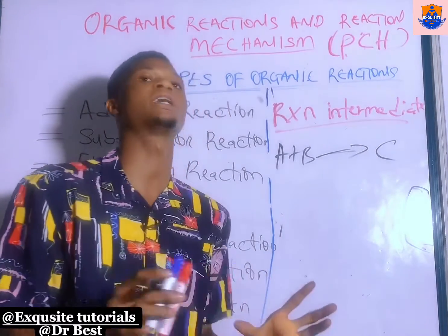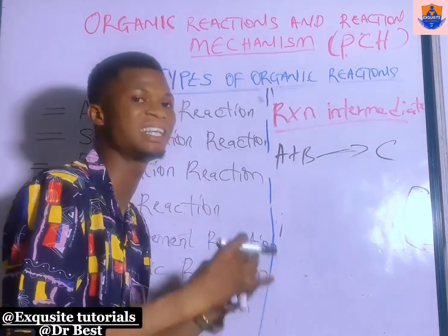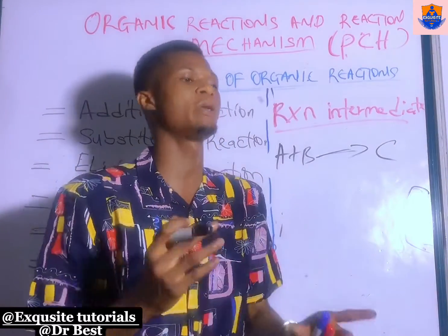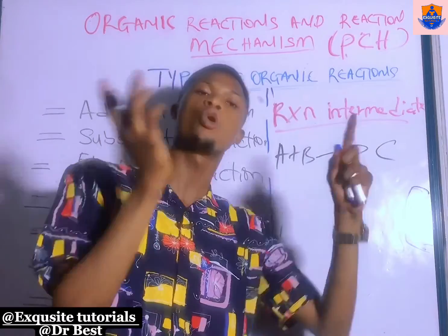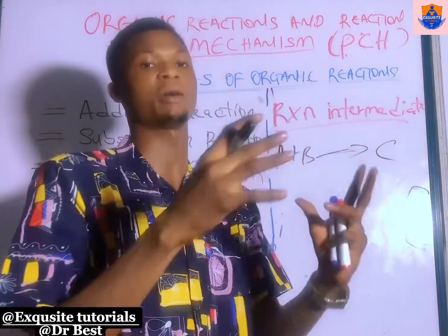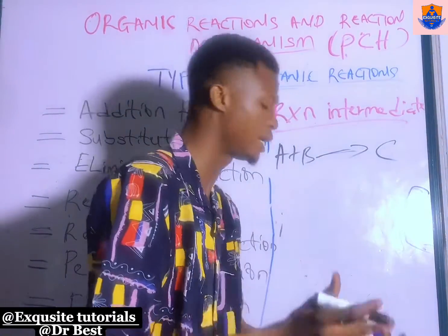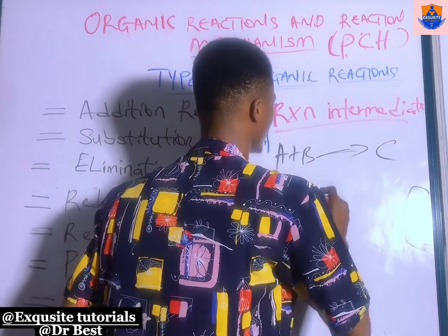But when you are writing a chemical reaction, you do not indicate this intermediate because these intermediates are highly reactive. They are not stable, so immediately they are formed, they transform into the product. But just know that when you come across the word reaction intermediate, they are highly reactive species that are formed between a reactant and a product. Now, one more thing is activation complex.